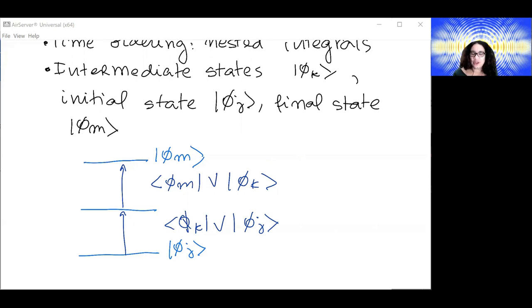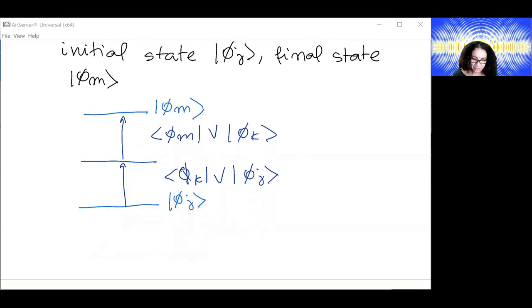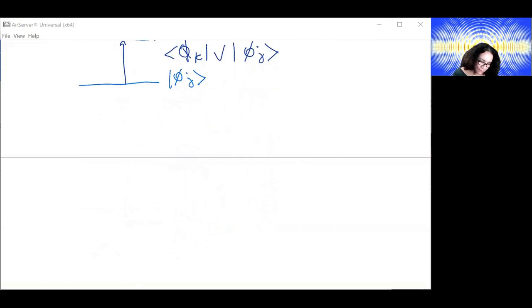And one thing that we also have done for the first order was the following. We have considered that lambda was equal to 1. And why on earth can I do that? Let me write for the first order: if you have a transition, you just have the final state phi m, initial state phi j.